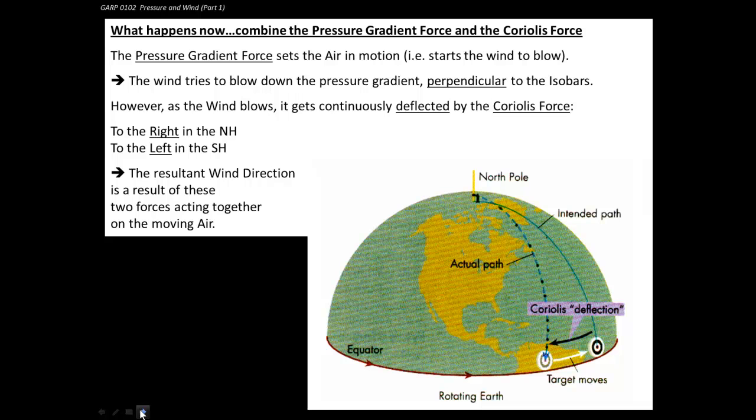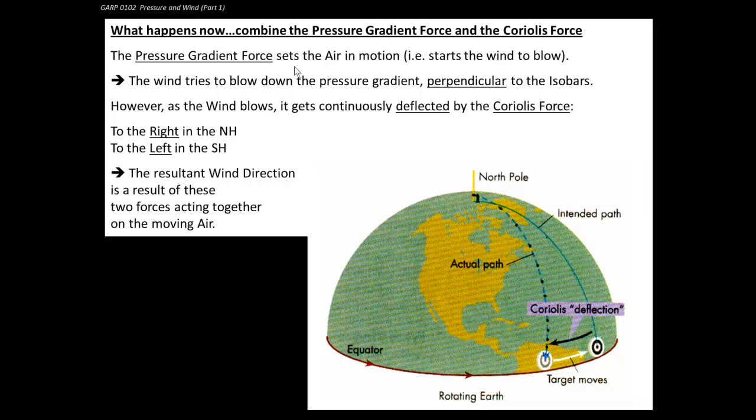Pretty wild. So, now in terms of wind, you have to combine the pressure gradient force and the Coriolis force. Here's the story. The pressure gradient force sets the air in motion, basically kicks the wind in the butt and says, you go. The wind now says, all right, I'm going to just go down the pressure gradient, perpendicular to the isobars, because that's what the pressure gradient force tells the wind to do.